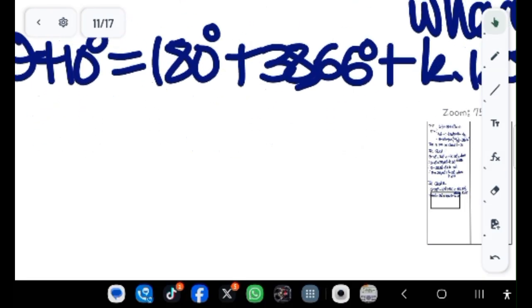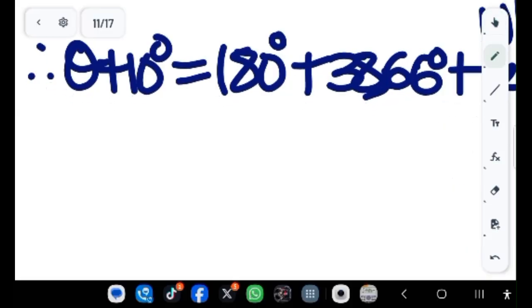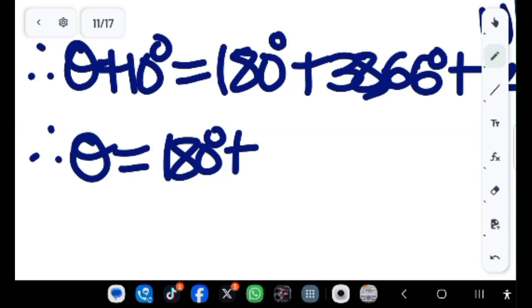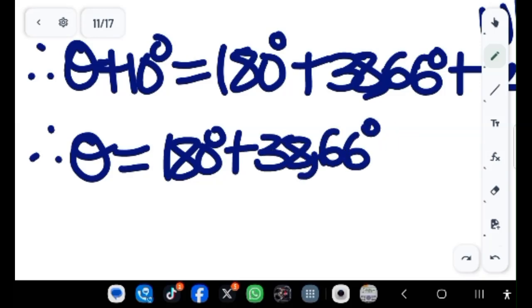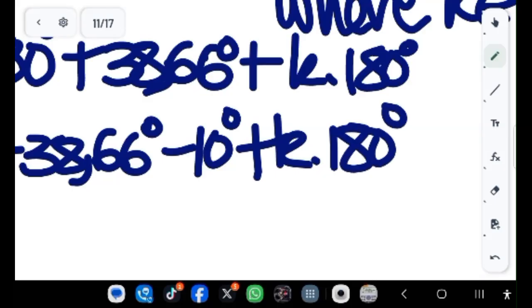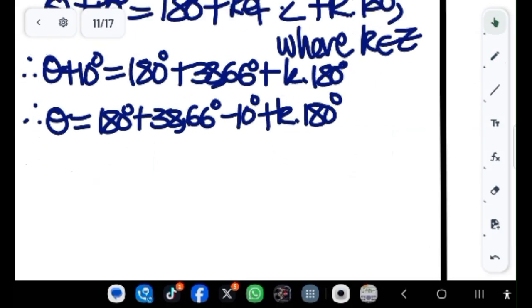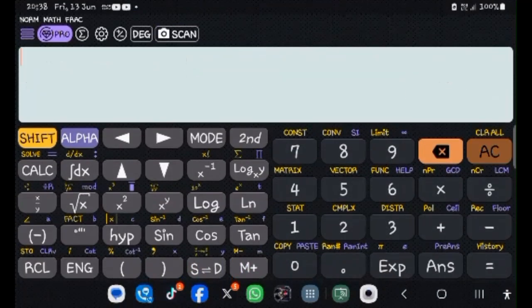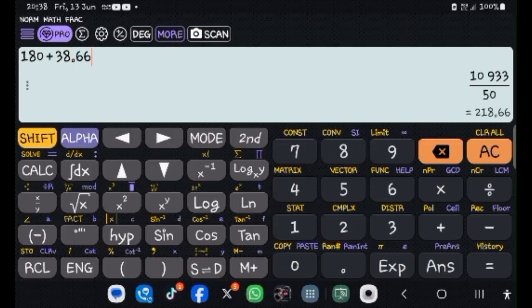So therefore, theta will be equal to, you take the 10 degrees to the right hand side, 180 plus 38.66 minus 10 degrees plus k times 180 degrees. So take out a calculator and go: 180 plus 38.66 minus 10 degrees.